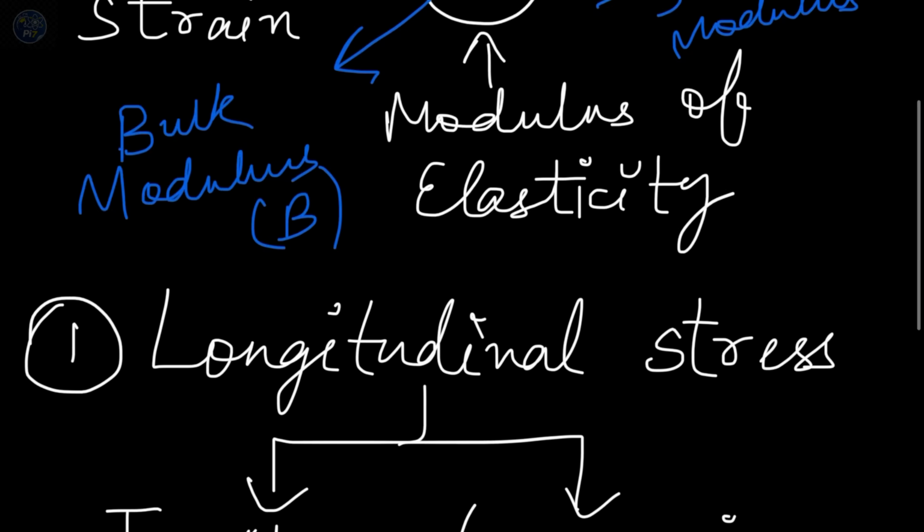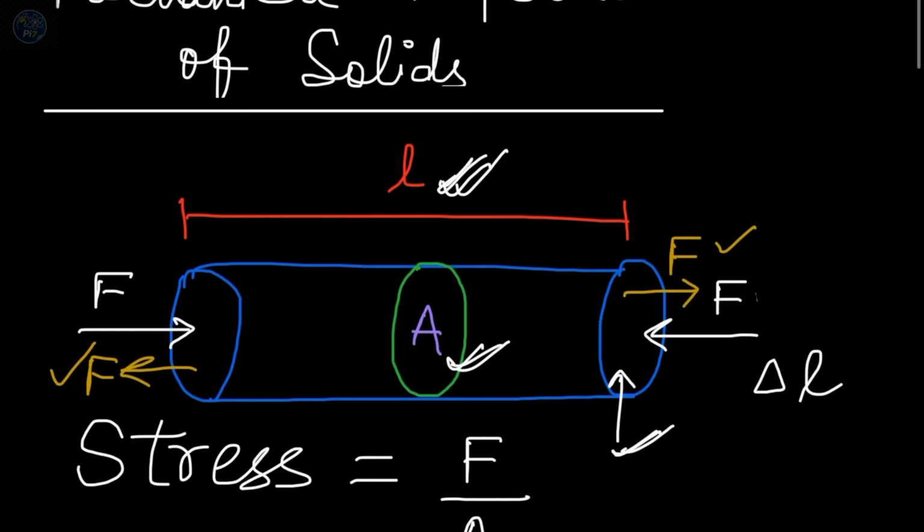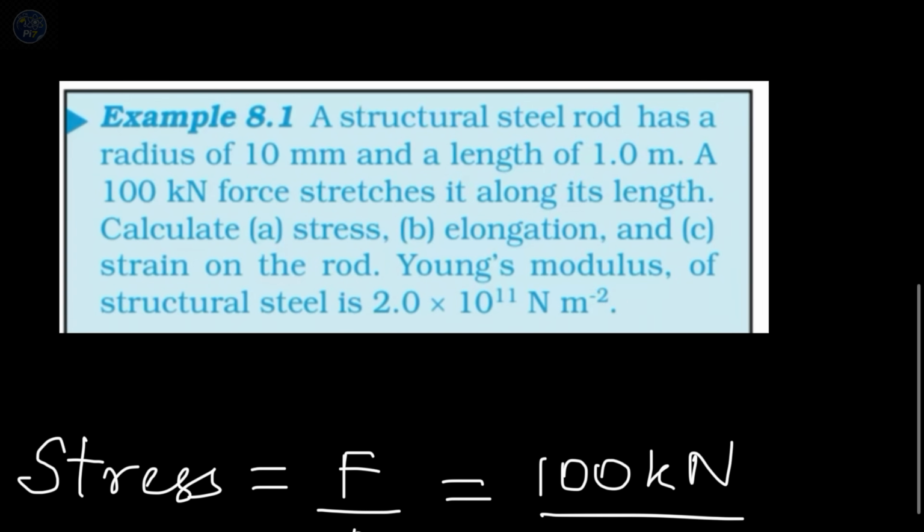So the change in length of the rod is 1.6 mm. When we applied a force of 100 kilonewton on the ends of the steel rod, it goes through an elongation, or a change in length, of 1.6 mm.